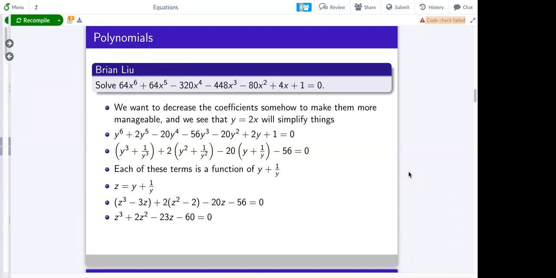You basically just start trying roots. I'll skip over trying the incorrect roots and let's just try z equals -3, -4, or 5. So we see that those are our three solutions.